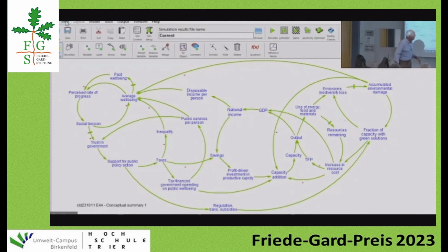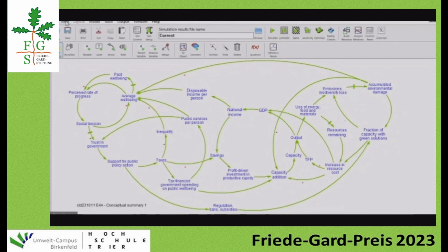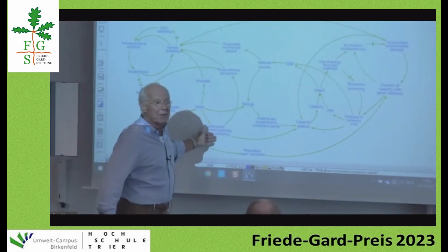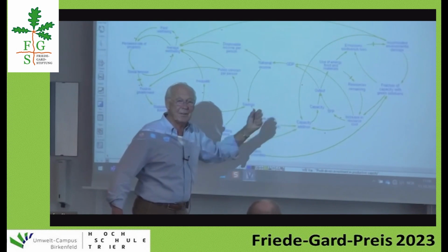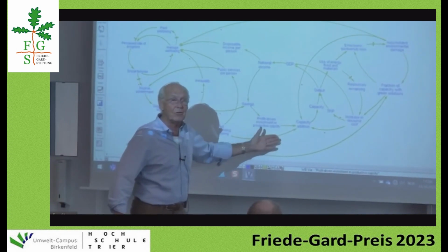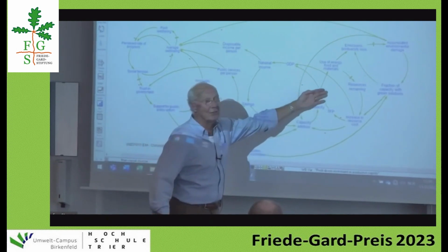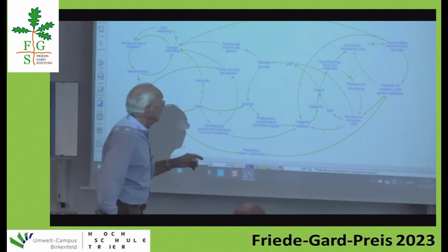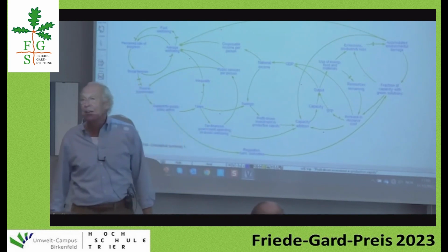And then the other thing that increases capacity is tax-financed government spending on public well-being, or well-being for the majority. The investment part of the public spending leads to increased capacity. For instance, spending on education increases the capacity. Public spending on infrastructure leads to increased capacity, increased output, etc. Then you ask the question, what determines the savings?